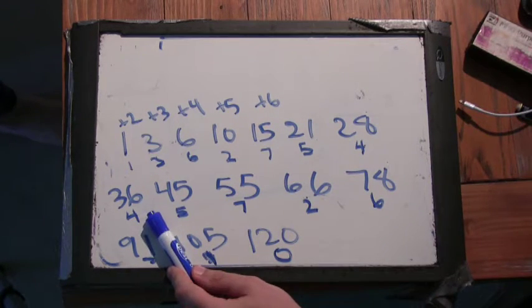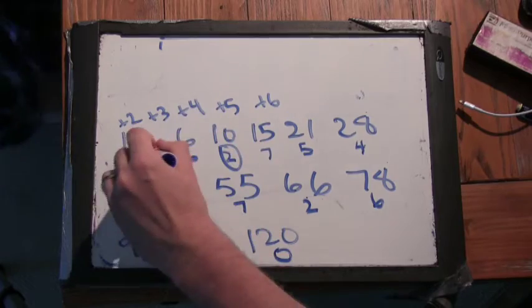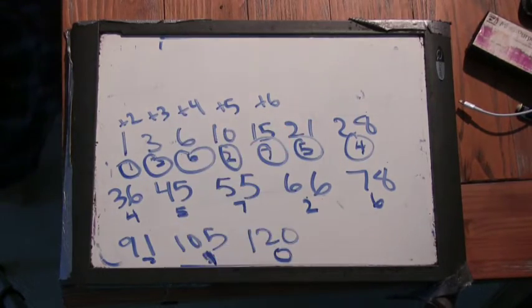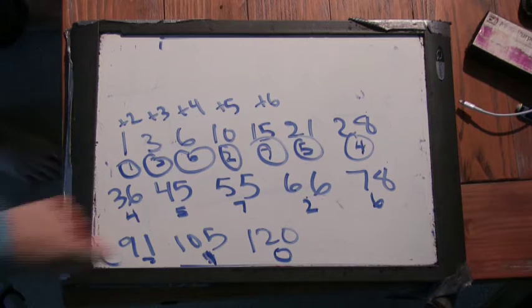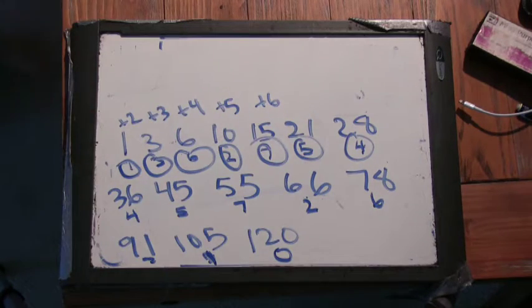For the first 8, we've covered 1, 2, 3, 4, 5, 6, and 7. Then it just goes back, we have those same numbers again, and then we get down to 0. So we had to keep going to find out if we did cover 0. And we did. It just took us out to 120.